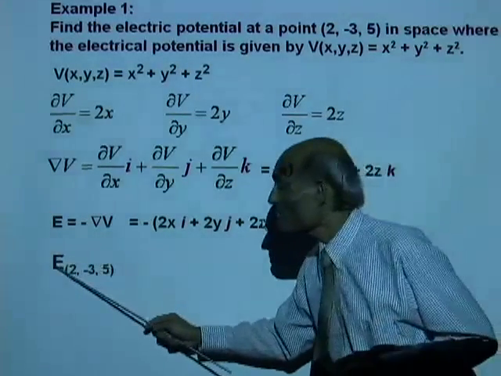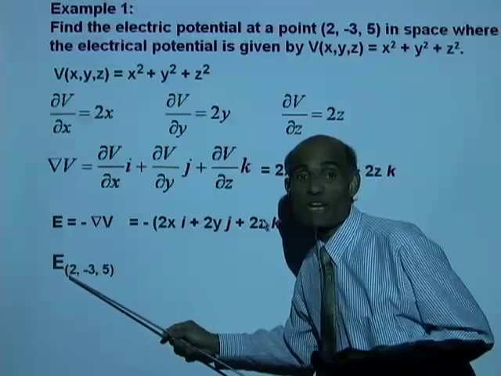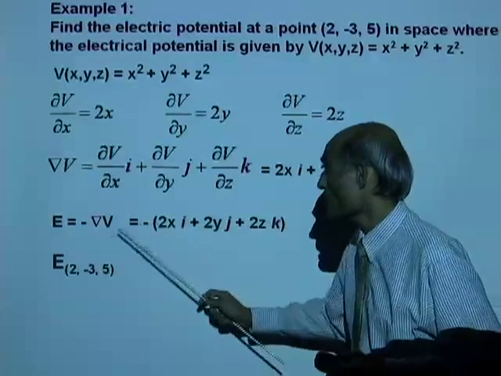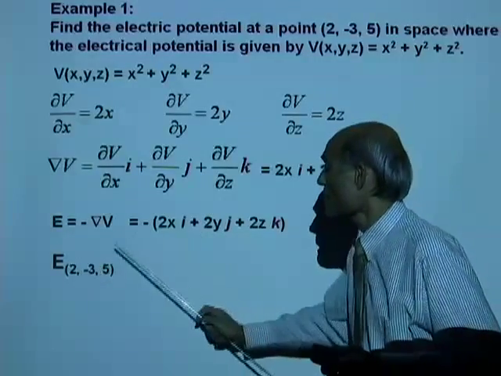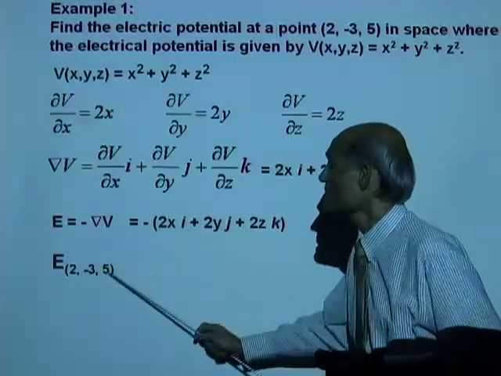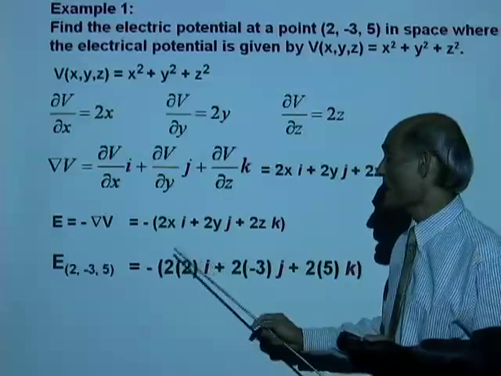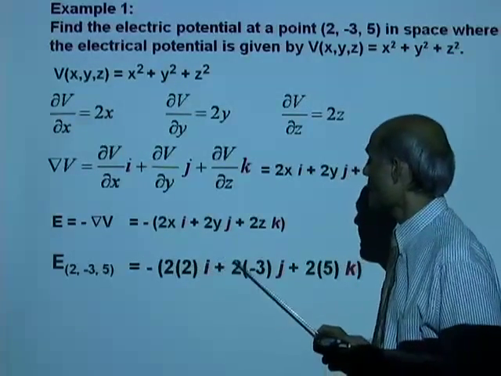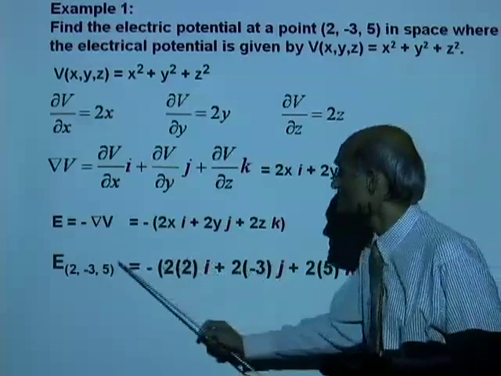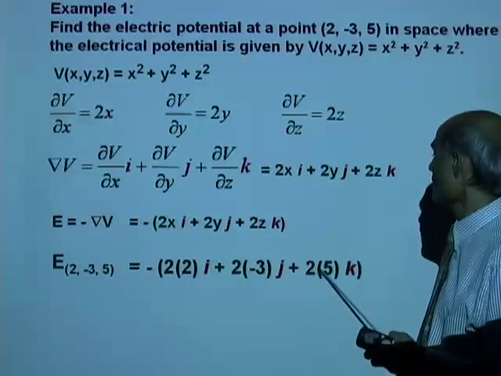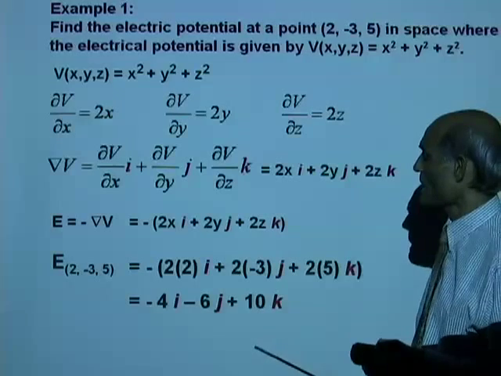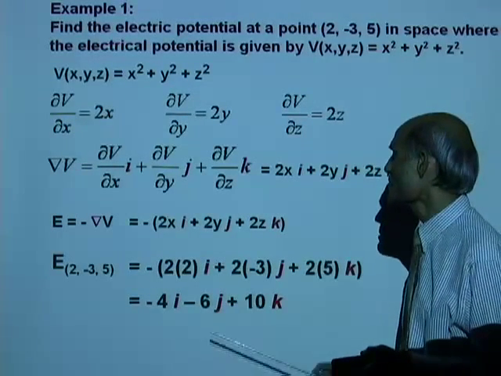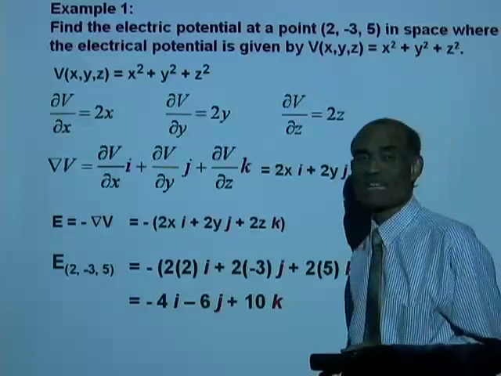Now the value of the electric field at the point (2, -3, 5), replace x by 2, y by -3, and z by 5, and that will give you negative of 2 times 2 i plus 2 times -3 j plus 2 times 5 k, and that is -4i minus 6j plus 10k.